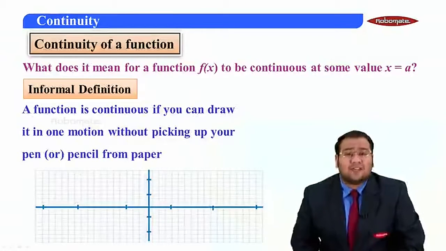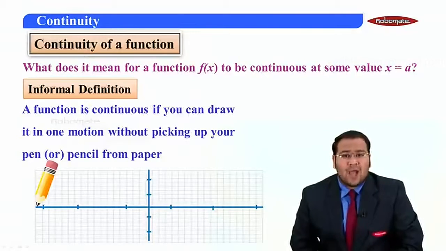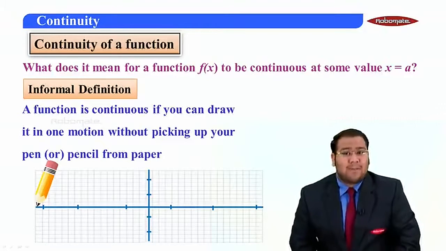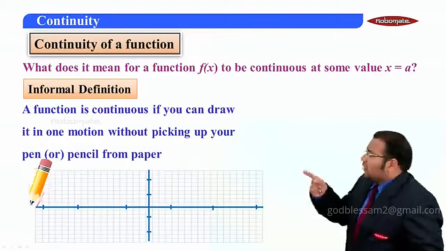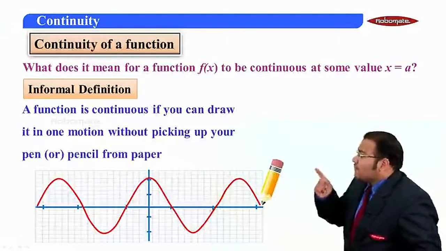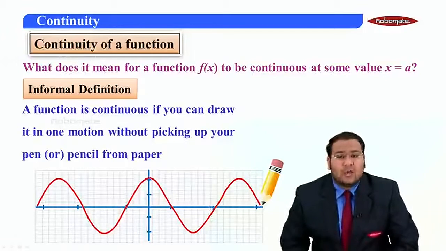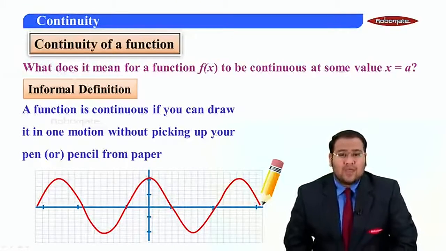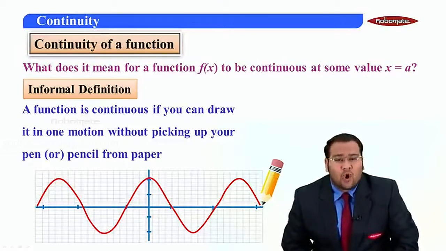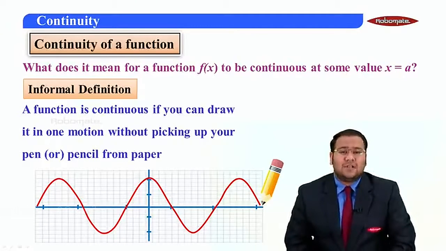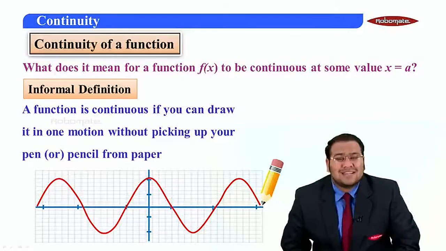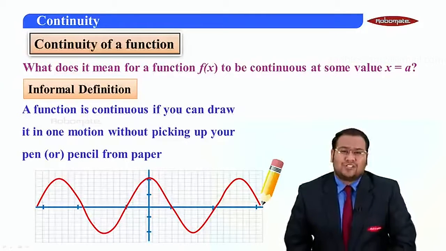If you have an x-y axis graph and a pencil or a pen, and you want to draw something like a sine wave, you can draw it in a very smooth way, without picking up your pen or pencil. So I can say that it is a continuous function.